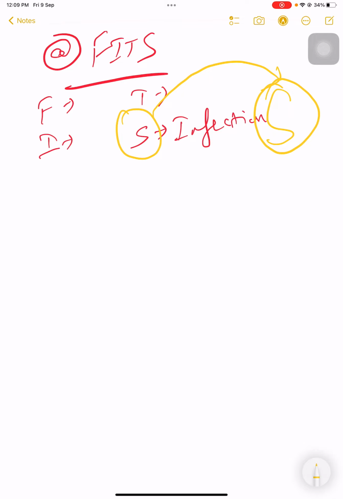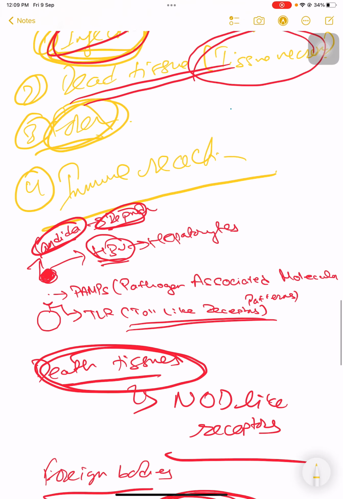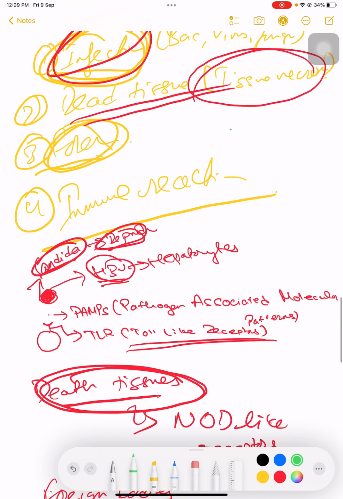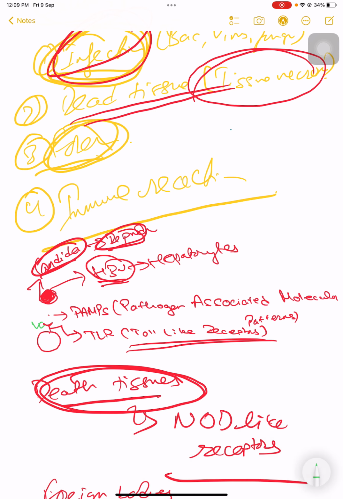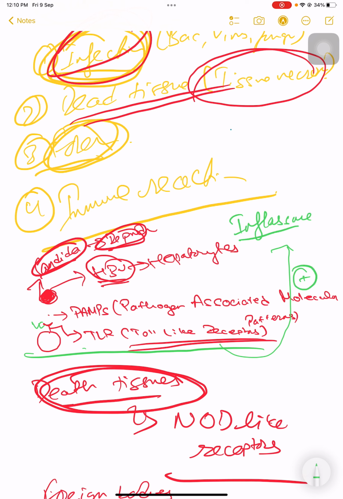Now, I was talking about a very, very important aspect over here. This is being recognized by these Toll-like receptors, right? Now, what will these Toll-like receptors do? They will trigger an internalized pathway to stimulate the inflammasome.